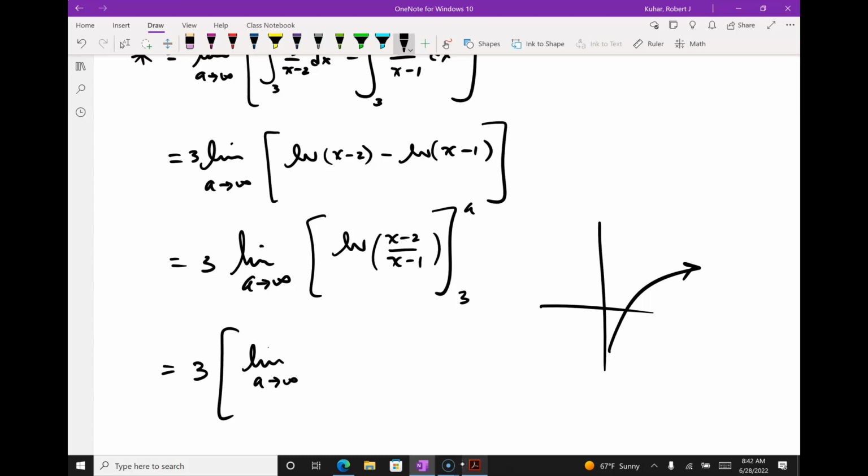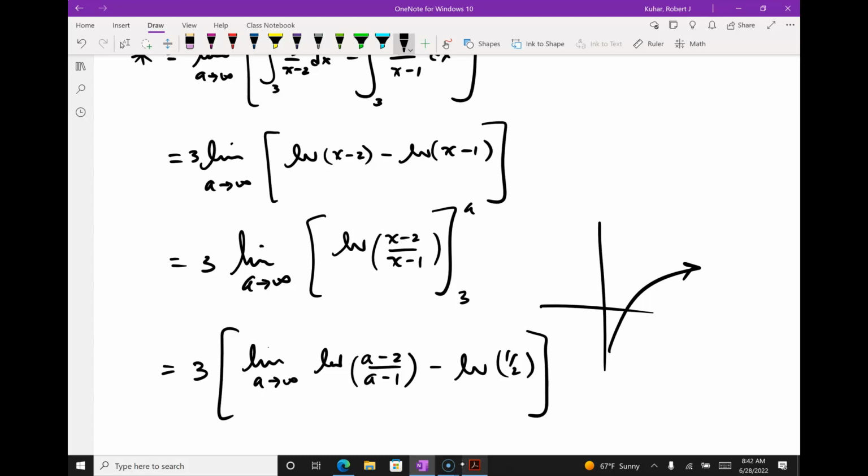So what do I get? Oh, sorry. Evaluate at a first. So I get ln of a minus 2 over a minus 1, minus at 3, which is ln of 1/2. Is that agreeable? When I plug 3 into x minus 2, I get a 1.